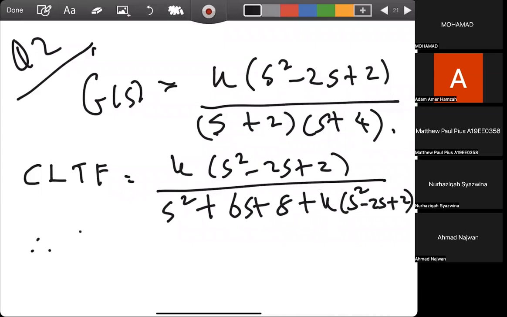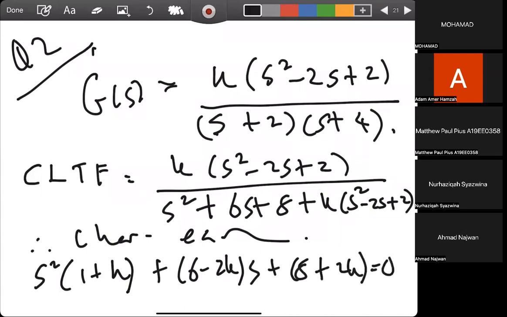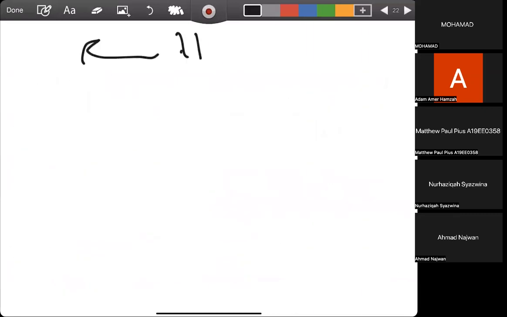Okay. So S square (1 plus k), minus 6 minus 2k, 8 plus 2k equal to 0. So the Routh-Hurwitz table is S square, S power of 1, plus power of 0.